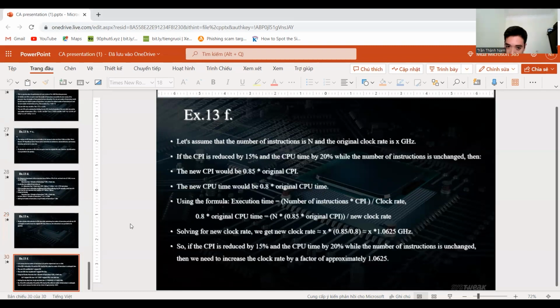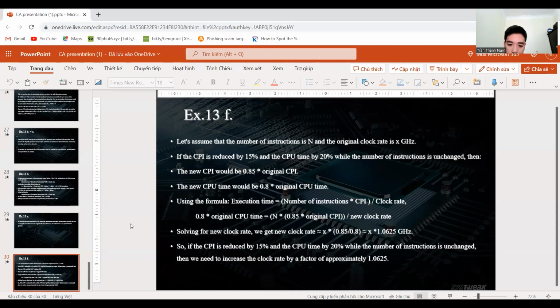Finally, for the F part, let's assume that the number of instructions is n and the original clock rate is x. If the CPI is reduced by 50% and the CPU time by 20%, while the number of instructions is unchanged, then the new CPI would be 0.85 times the original CPI. The new CPU time would be 1.8 times the original CPU time.